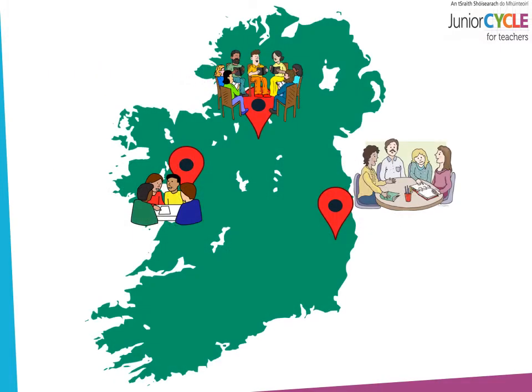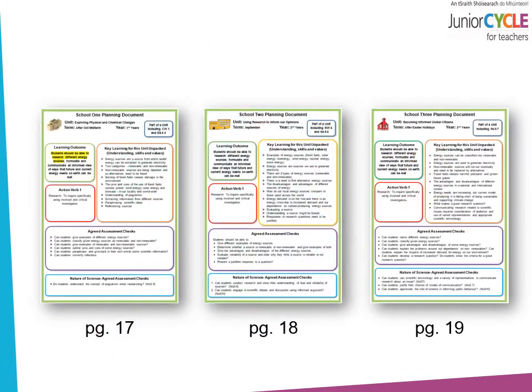Your departments have been developing their understanding of the process of planning. The start of the planning process is by unpacking the learning outcomes, so each department has consensus on the key learning and agreed assessment checks. On pages 17, 18 and 19 you will find how 3 different schools captured their collaborative conversations using the collaborative planning document from www.jct.ie/science.